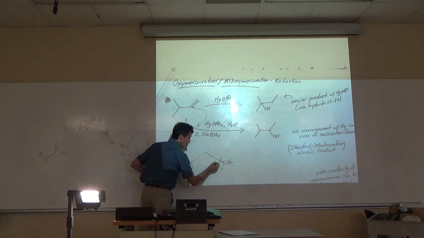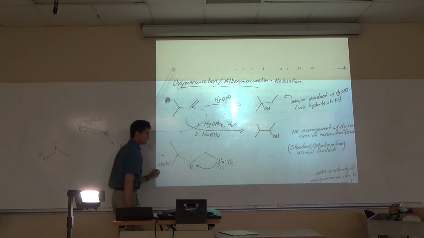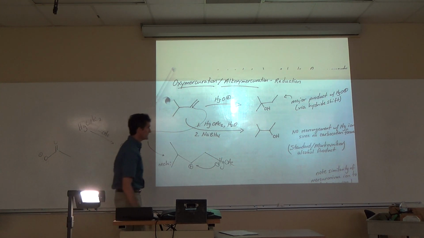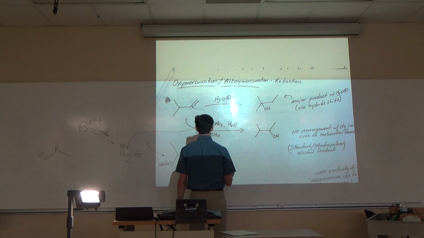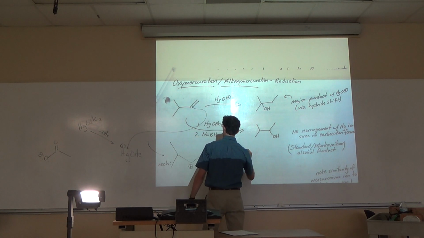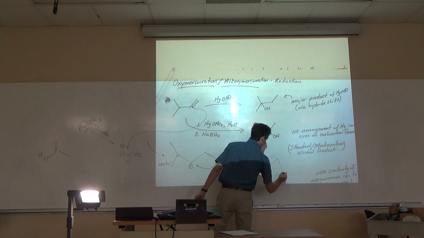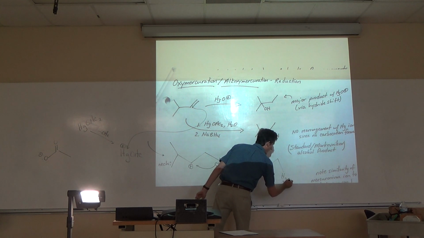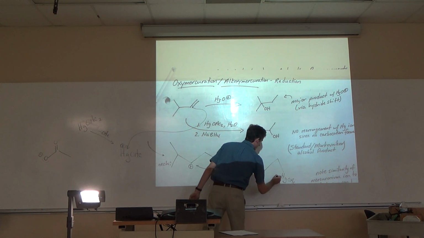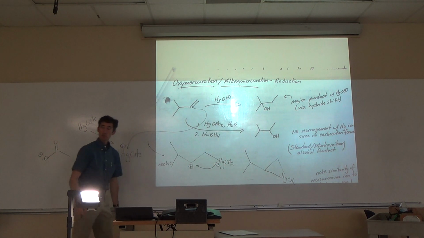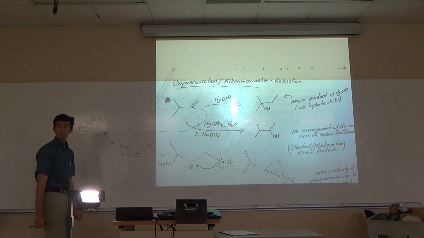The mercury back bonds. And what does that lead to? Mercury is now bonded. You have this three-membered ring, like a bromonium ion.